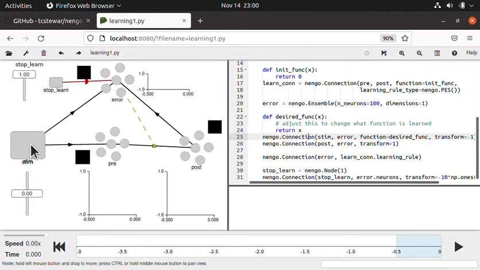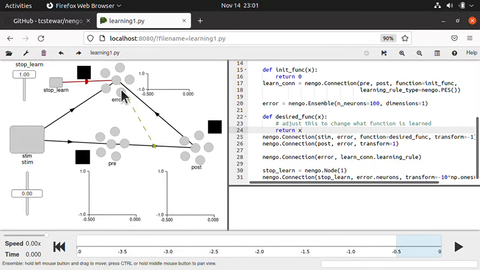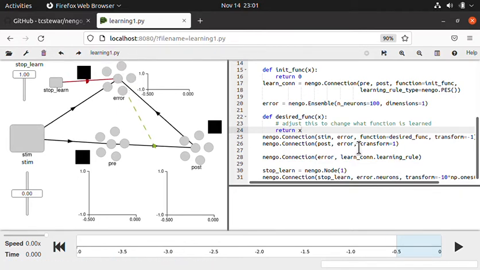Then I need to define something that's actually getting me the correct answer. At the moment, the function I'm going to learn is just x. I'm going to make a connection from this input to my error that is doing this function.